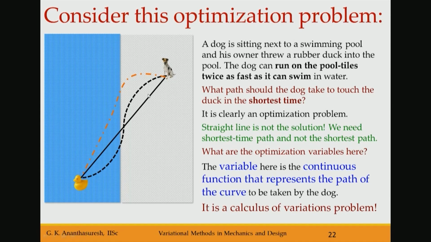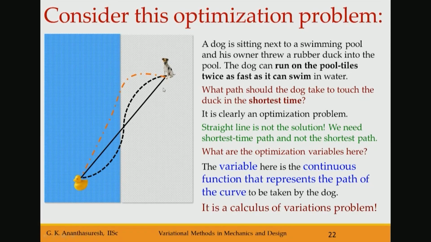Because the dog can run on the swimming pool floor at some speed, and it can swim in the water at some other speed which is lower than what it can do by running on the swimming pool floor. So, if it takes the straight path, it will be taking a long distance in water.